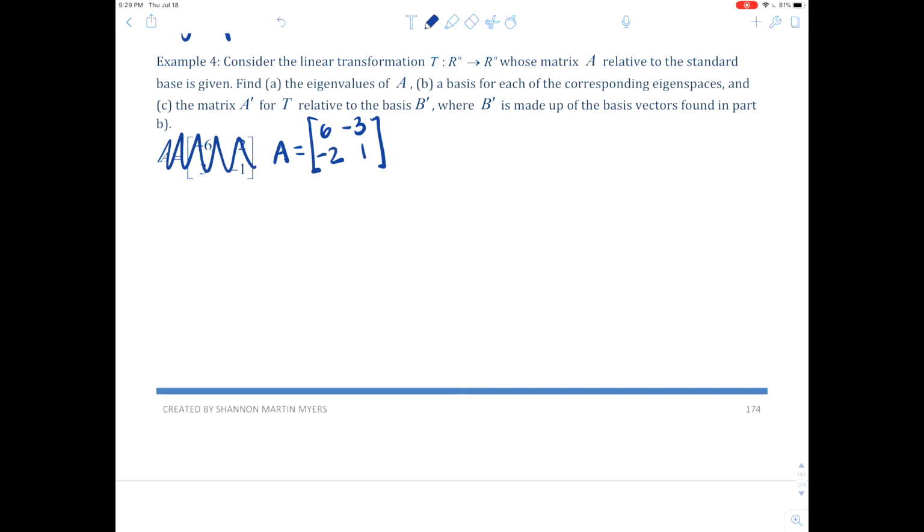So we want to find the eigenvalues of A, a basis for each of the corresponding eigenspaces, and then the matrix A prime for T relative to the basis B prime, made up of these basis vectors that we'll find in part B.